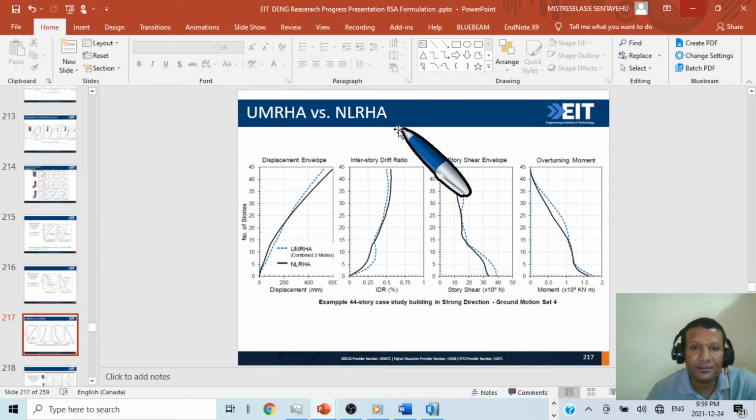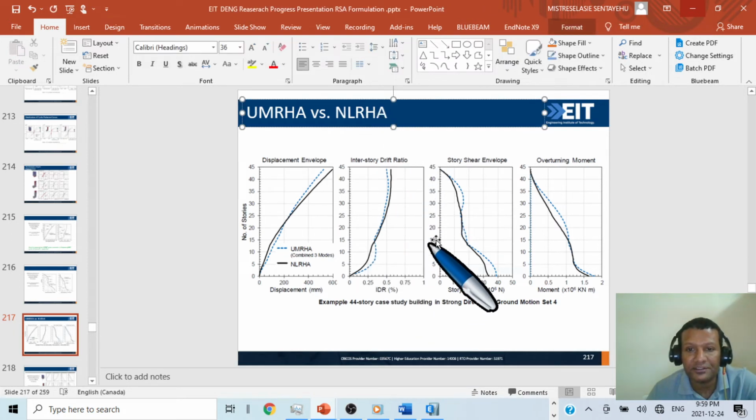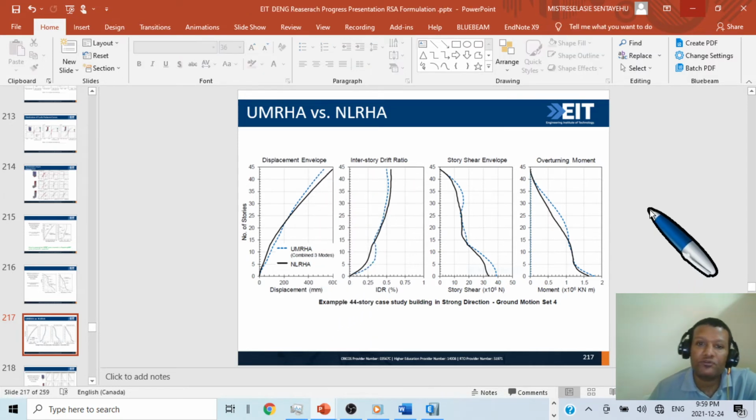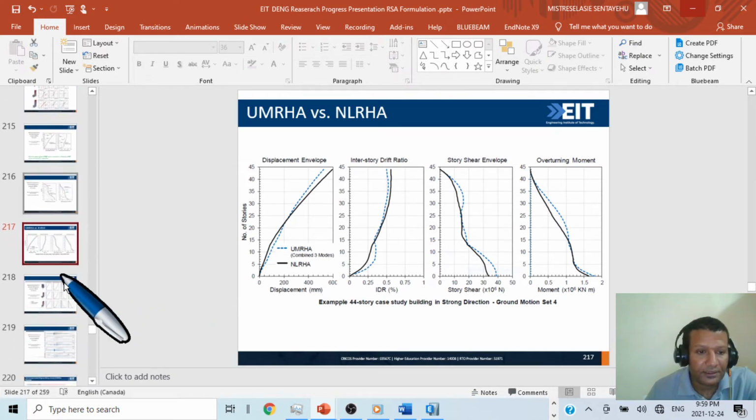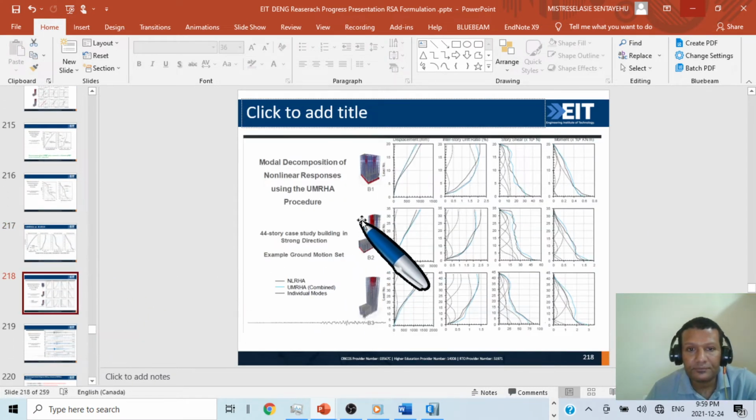But in nonlinear response history analysis, you don't have that chance. Directly you will find the peak. But in UMRHA, to find the combined 3 modes, you have to perform each mode in the cyclic pushover analysis each time. So that is the advantage.